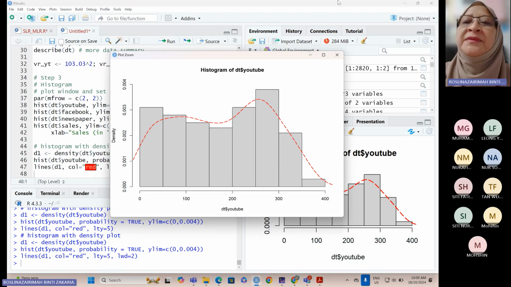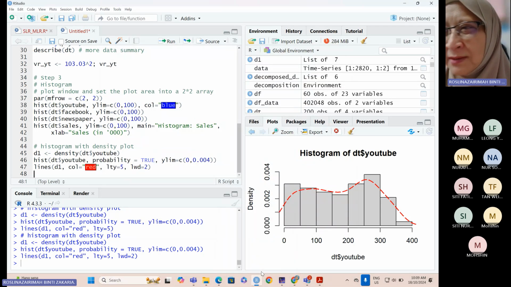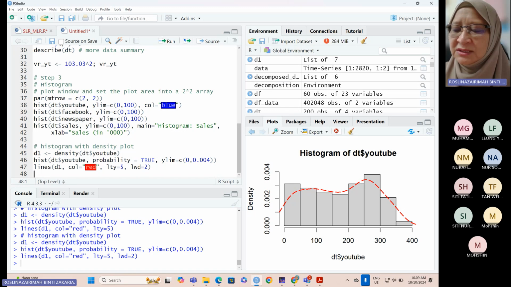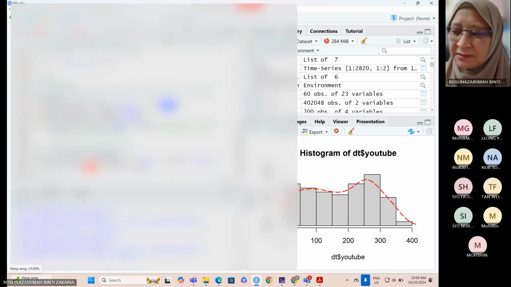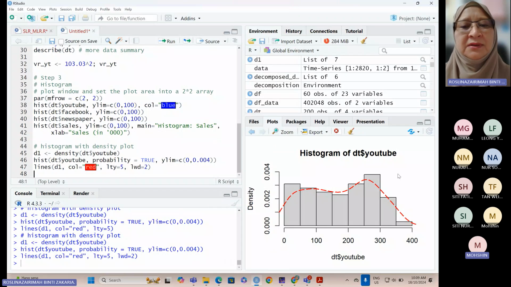Nur Izzati, boleh? Okay. So how do you find it so far? Is it nice? Have you ever drawn this kind of graph before in your study? I mean, in your research, have you done that? No, doctor. This is the first time.